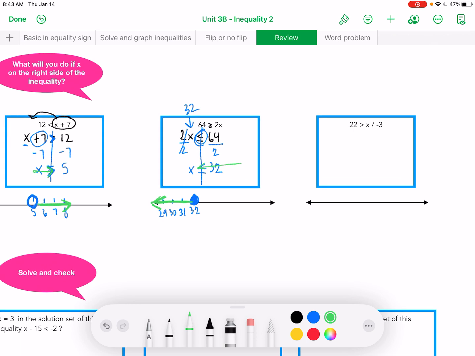Our next one, a number divided by -3 is less than 22. So I'm going to say a number divided by -3 is less than 22.